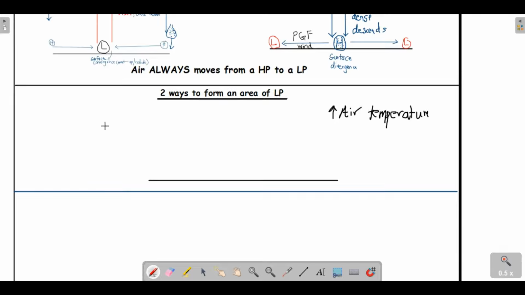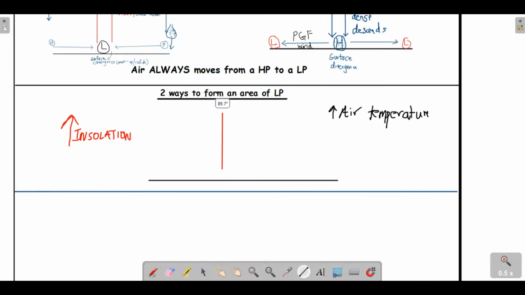If an area receives high amounts of insolation, exposed to a lot of the sun's energy, the sun transfers this solar radiation towards the Earth's surface, and the Earth's surface becomes warm, and then it transfers this heat energy to the air particles directly above it.